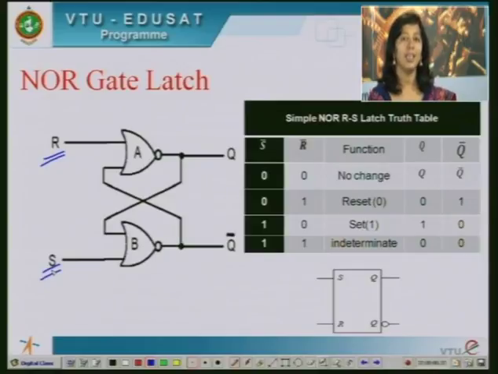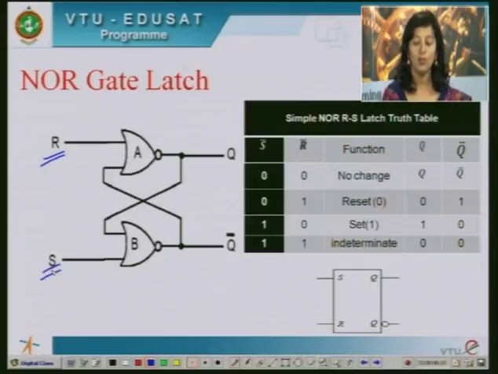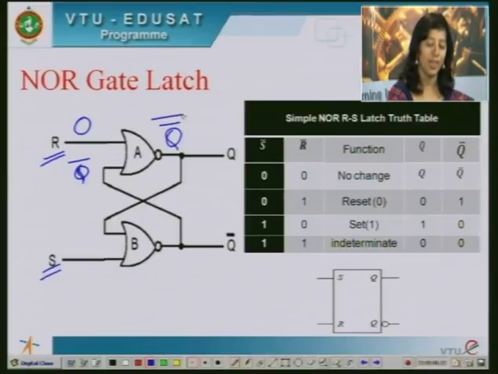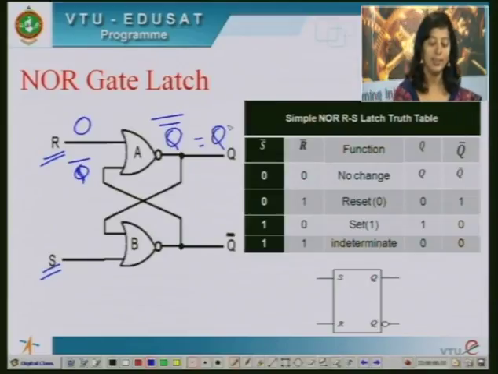We can analyze the working very fast. So if both are 0, what happens? If this is 0, then the other input to this NOR gate will be Q bar. So Q bar or 0 is what? Q bar itself, and complement of that, it is not OR, NOR gate. So the final output remains as Q itself or Q double complement, and similarly here S is also 0.